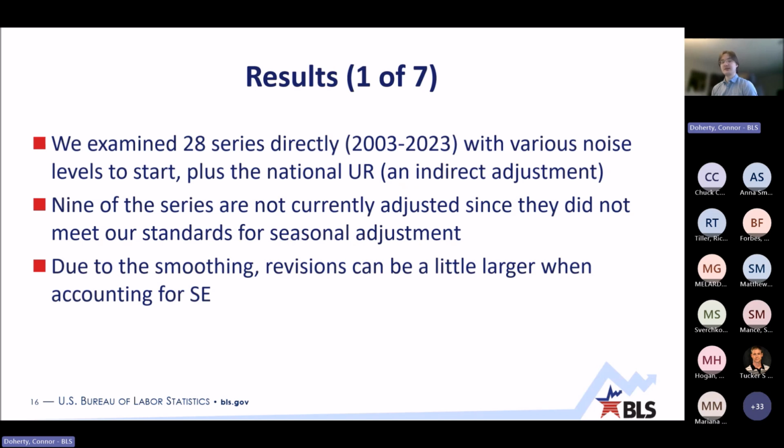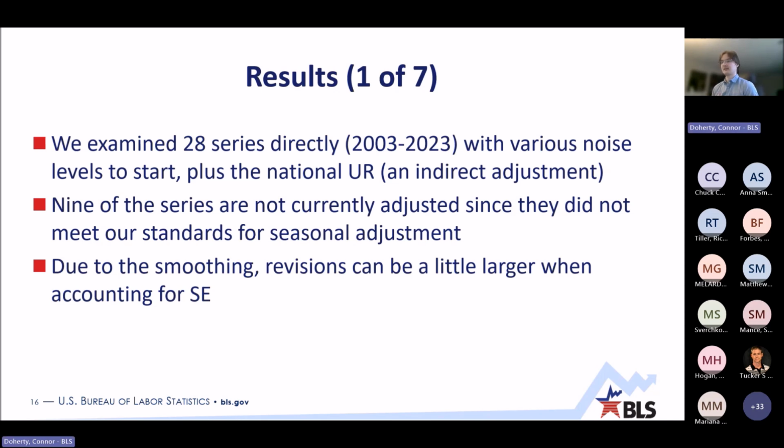We looked at 28 directly adjusted series. These are from 2003 to 2023. And then we also looked at the national unemployment rate, which is an indirectly adjusted series. I do want to note that 9 of the series that we looked at are not currently being adjusted because they didn't meet our standards for adjustment.